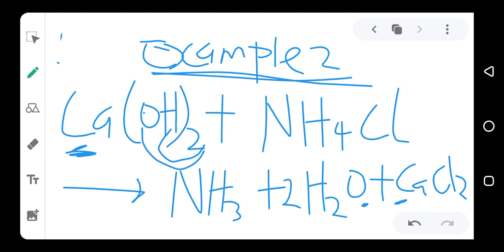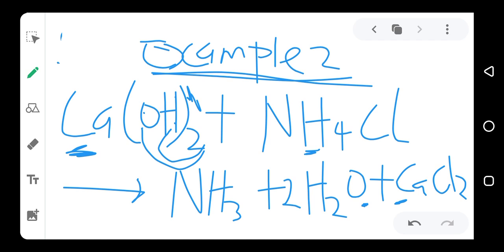Now, if we have that, the oxygen is balanced. Now, let's go to hydrogen. We have 2 hydrogen. So, hydrogen is 4 now. The total number of hydrogen is 2 here, plus 4 here, which is 6. But we have 2 hydrogen here.